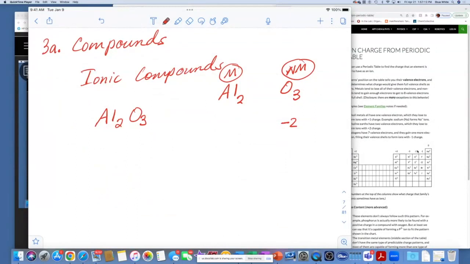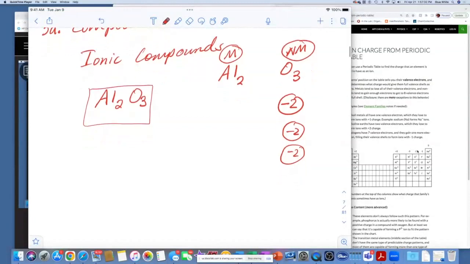But look, to build this compound, we had to bring in 3 oxygens. Each oxygen brought in an oxidation number of -2. So I'm going to draw all 3. And this represents 3 oxygens, according to this. Correct? The whole compound does not have a charge. So what we're seeing here is when you add the oxidation numbers of all the components in the formula, the total must be an oxidation number of 0.